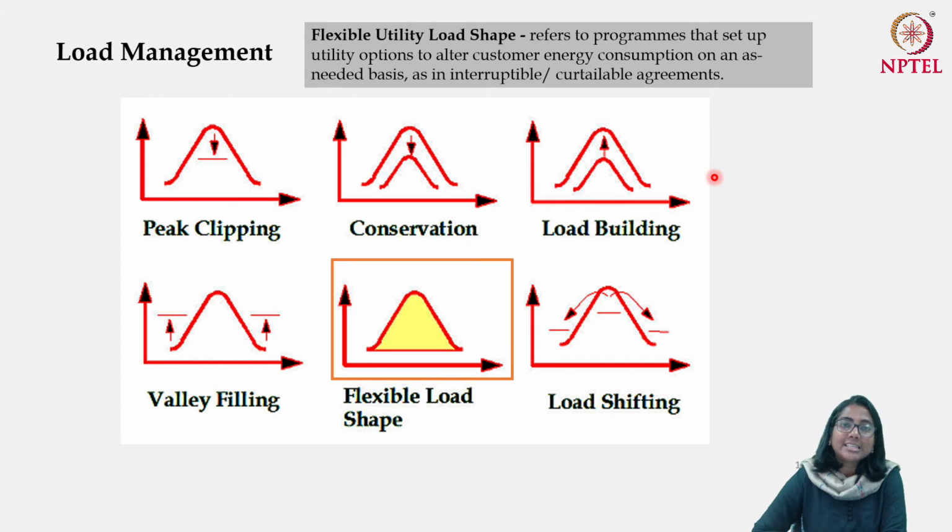So the utility itself will actually have control over different electrical equipment that has been installed in the customer's place. Okay, and if the utility thinks that some very peak demand is approaching, then they may disconnect the use of those particular equipment.